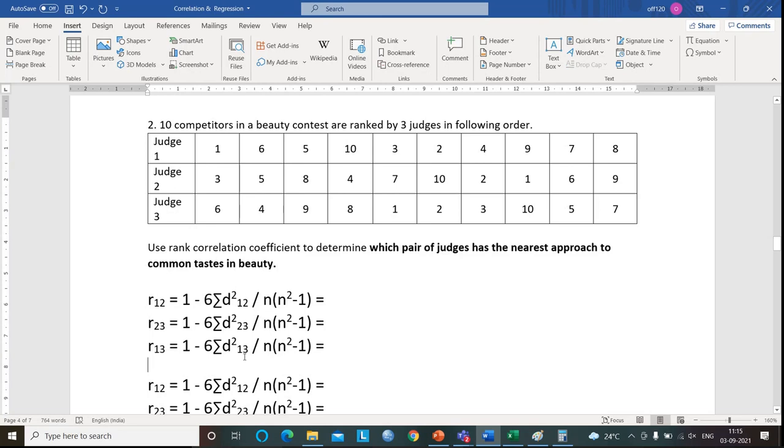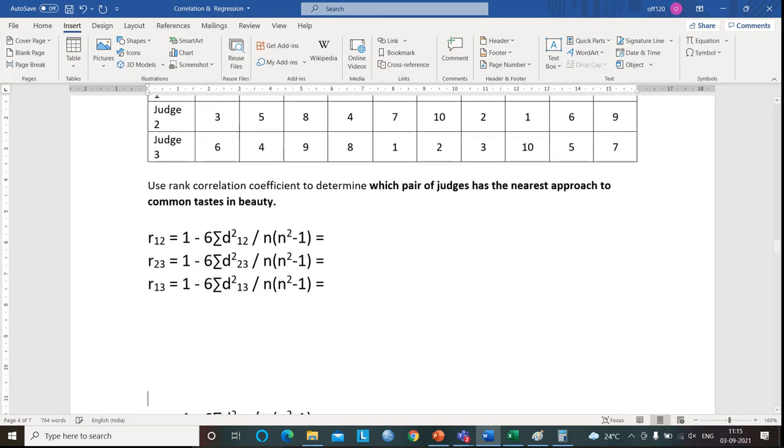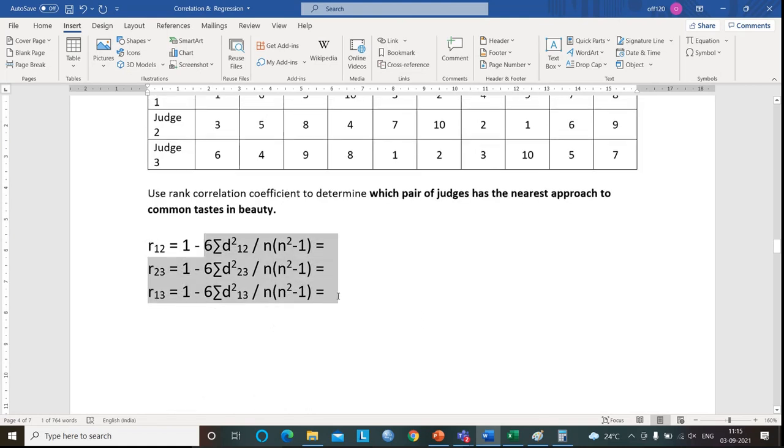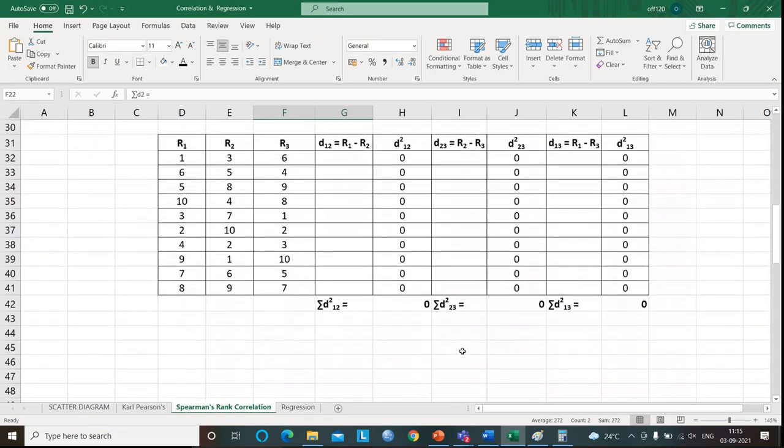So I have here the correlation between the first and second judge, the second and third judge, and the first and third judge. Now let us find the answers for these 3 values. Let us substitute in our formulas, and the pair with the larger value has commonality in their answers. I have already copied these values onto the Excel sheet here.